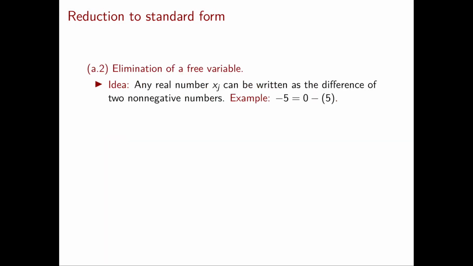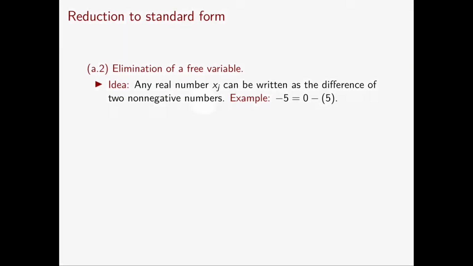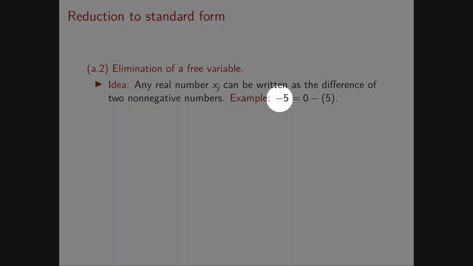Next, we can focus on eliminating the free variables. This is a little bit more complicated, but the idea is somewhat similar. Every real number xj can be written as the difference of two non-negative numbers. For example, let's say we want to write down minus 5, then minus 5 can be written as 0, which is non-negative, minus the non-negative number 5.